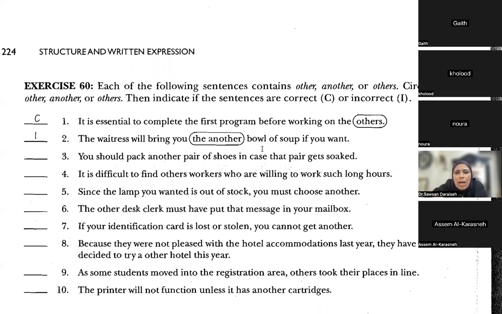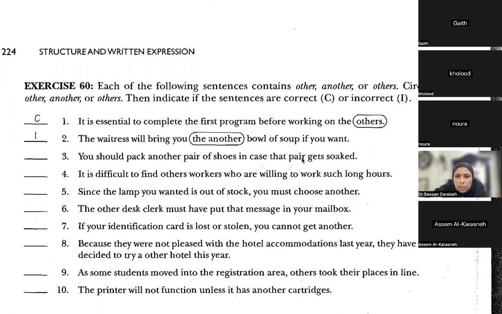A pair. Why? In case that pair gets soaked. Mostly if your mom knows, or your wife knows, or your partner knows that the place that you're going to is a place where there is water. There's probably an ocean or a lake that you're going to, or a hotel where there's a pool, all right?